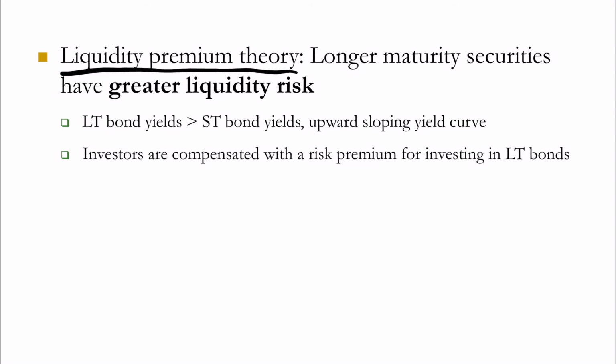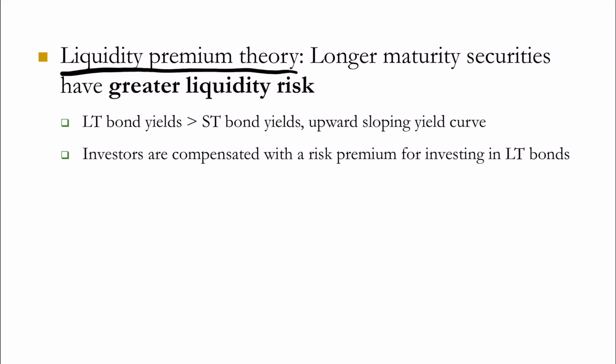Now, this is not always true. Not all investors prefer short-term bonds in comparison to long-term bonds. If everything were the same, there are some investors, in particular insurance companies and pension funds, that have long-term liabilities, in which they would rather have long-term bonds than short-term bonds.